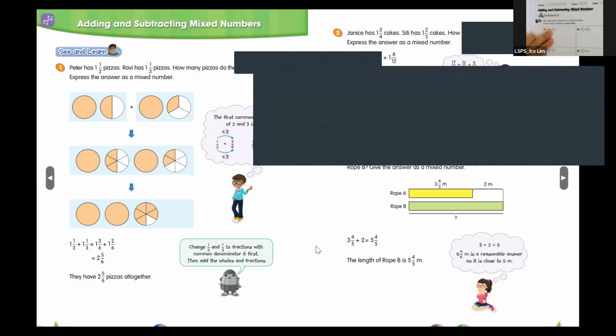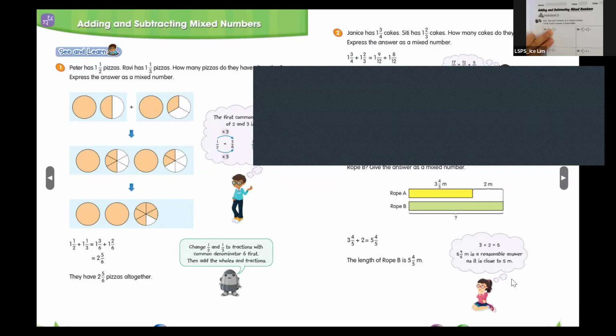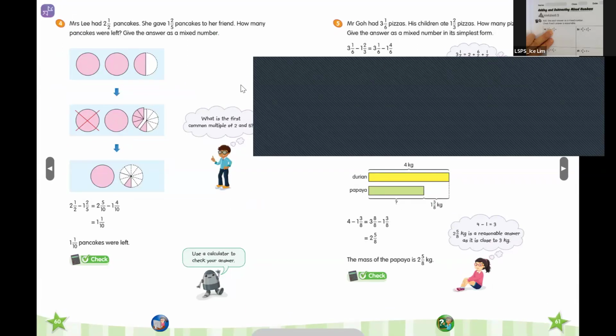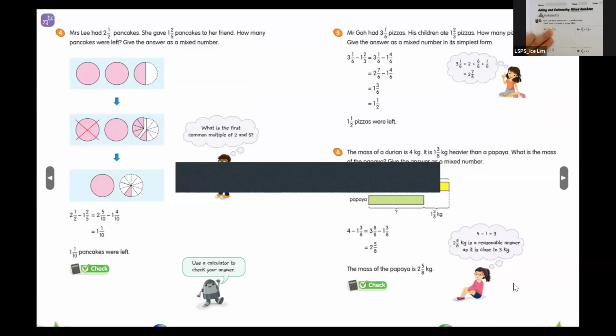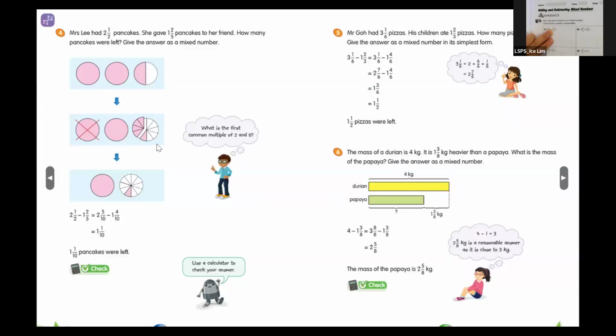One good thing to share with you: you can go and read your textbook. On these pages, adding and subtracting mixed numbers looks way more complicated at P5, but it's not that complicated.